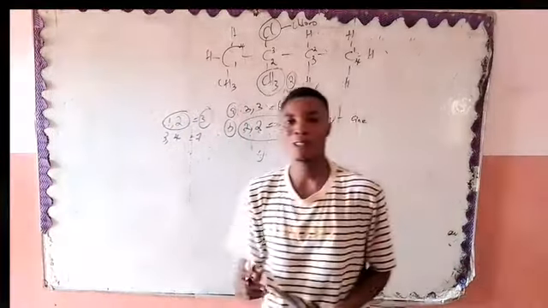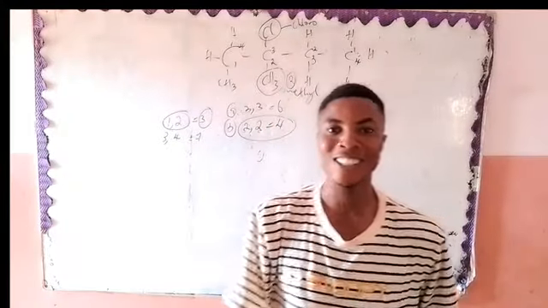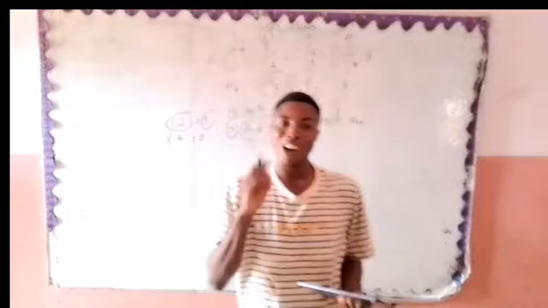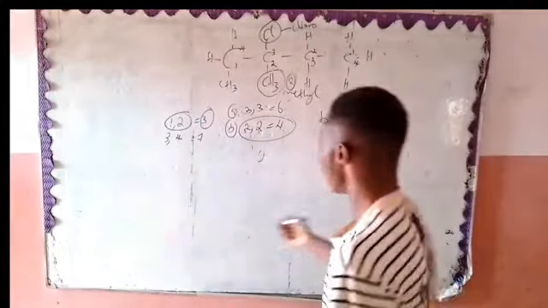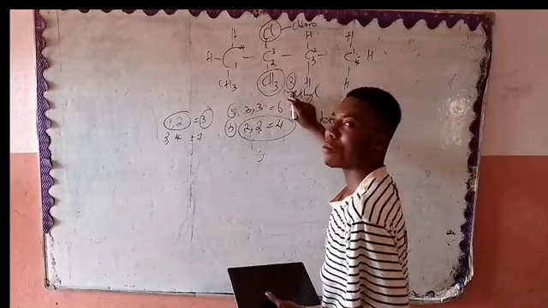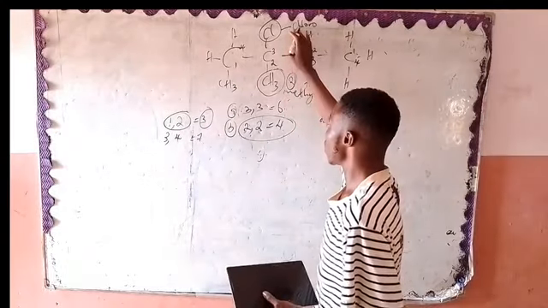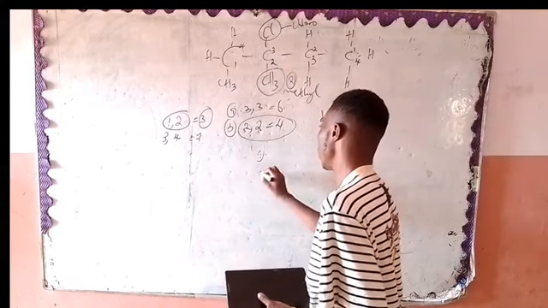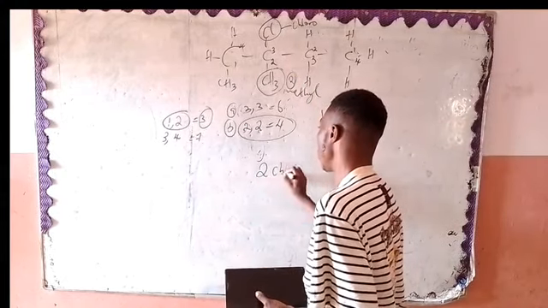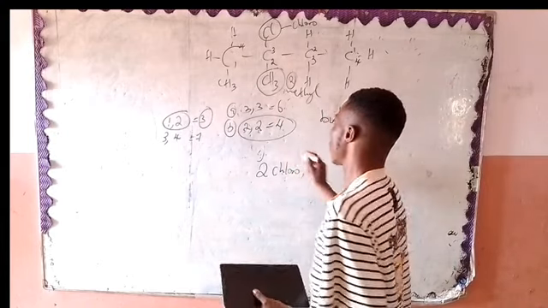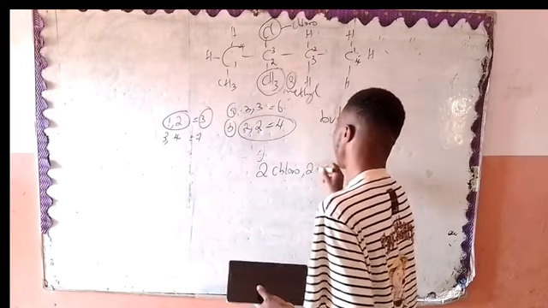Let's go back to our primary school. Our primary school teacher will settle this. Remember that I taught us about alphabetical order. In alphabetical order, between C and M, which one comes first? The C comes first. So we just choose it. We now start again. It will now be 2 chloro, 2 methyl.